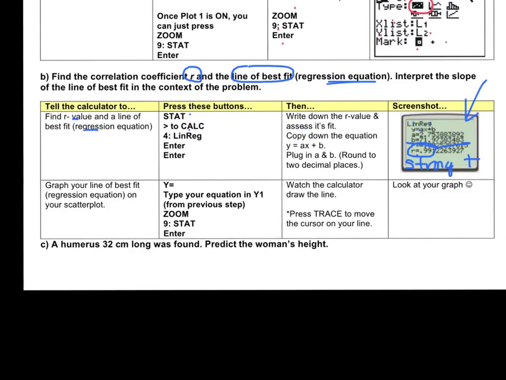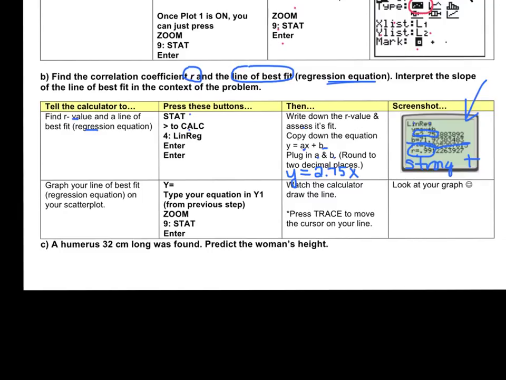Next, we need to copy down the equation. It tells us the equation is y equals ax plus b, so we just have to write down the numbers for a and b, where they go in that equation. So the number for a, right here, we're just going to use 2.75. We don't need to write all those decimals. Then we have the x, and now we're going to write the number for b.